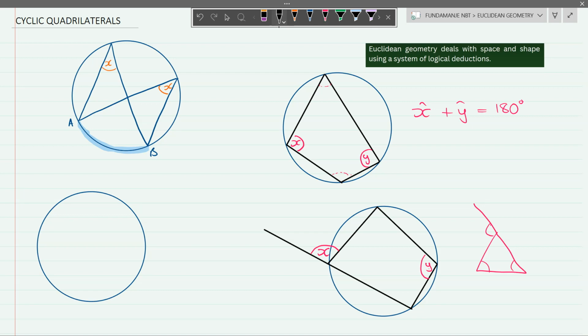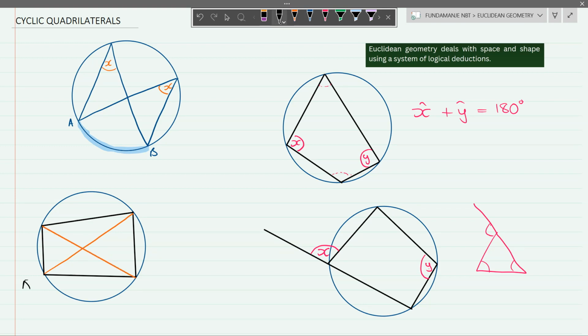Then lastly, within a given cyclic quadrilateral, like this, you will have that the diagonals of a cyclic quadrilateral will be very similar to the law we just covered above, the one that says angles in the same segment.